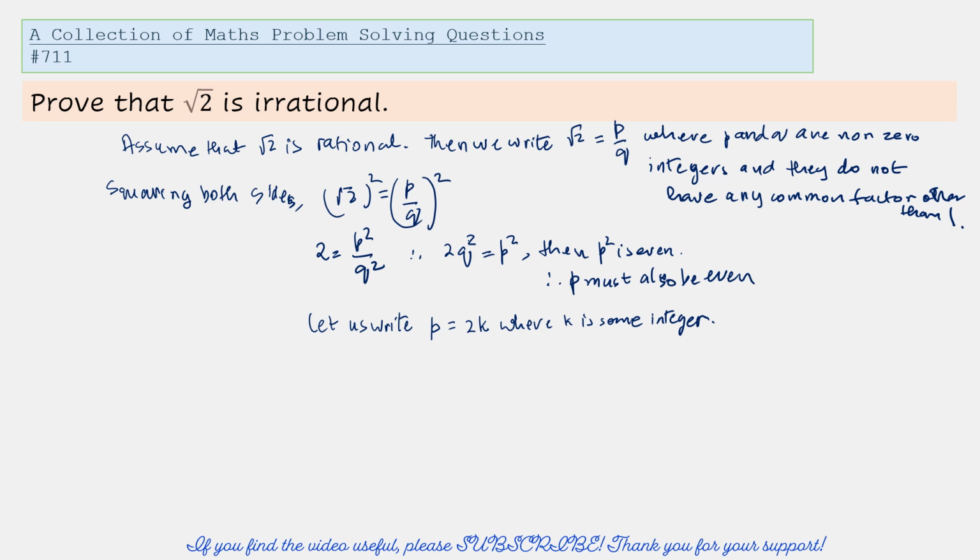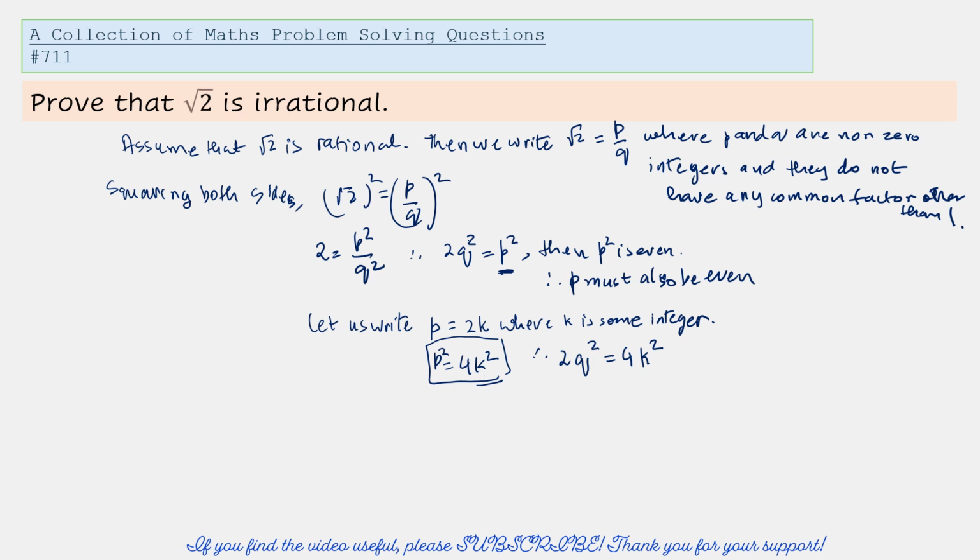So let us write P equals 2k, where k is some integer. Therefore P square would be 4k square. So if we use 4k square instead of P square, we can write 2q square equals 4k square. Now it's going somewhere.